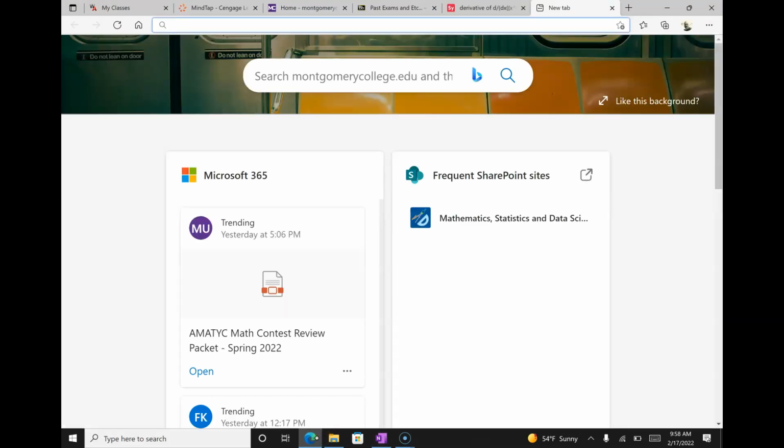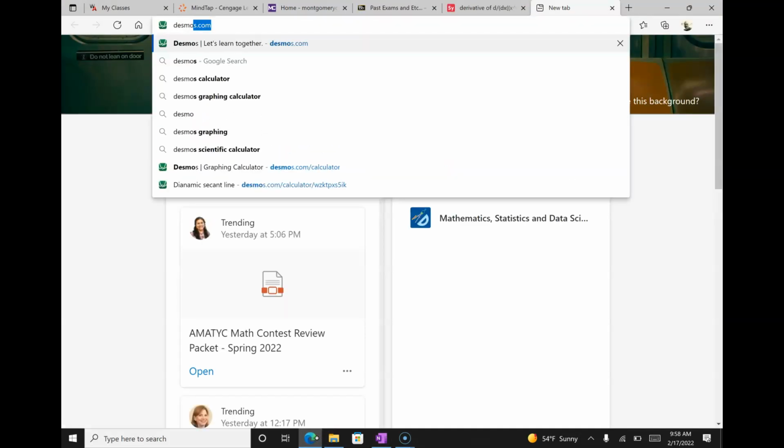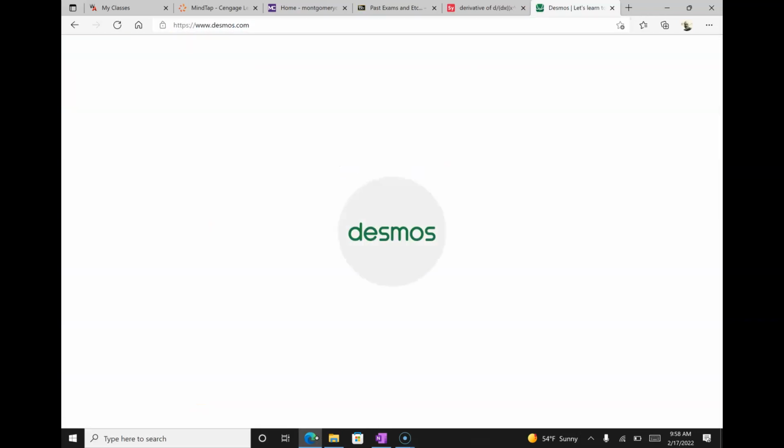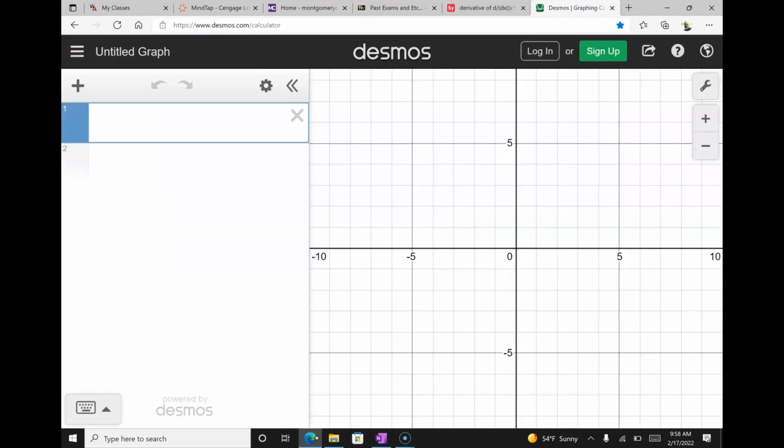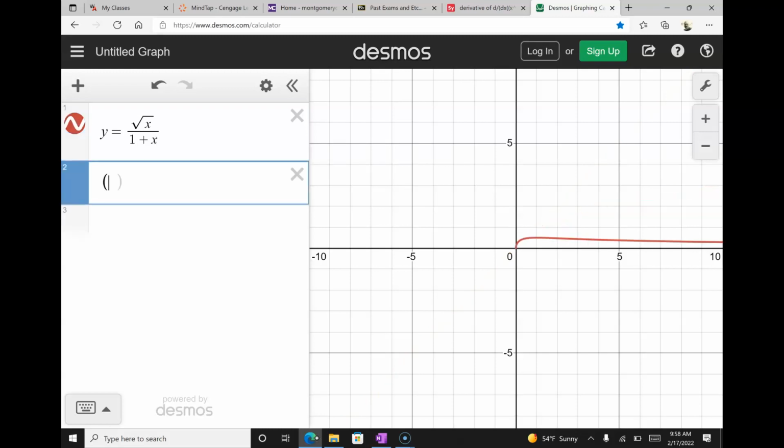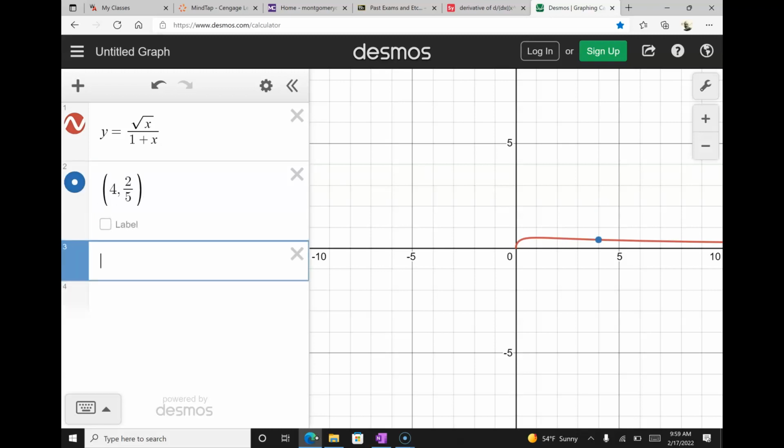So, Desmos. y equals square root of x divided by 1 plus x. I've got the point 4, comma, 2/5. Nice.